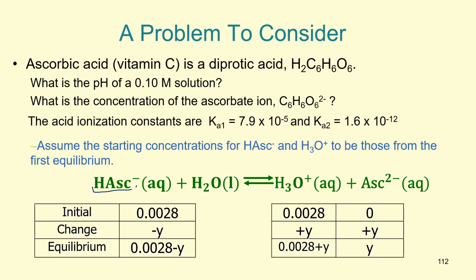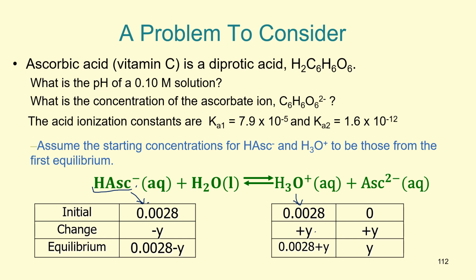And just to distinguish, we're going to call the amount that dissociates from that Y, just because we're going to keep it separate from X. Now, it's not only the hydrogen ascorbate that is 0.0028, but because of the first equilibrium we also have some H3O plus even before the second equilibrium takes place, and that's 0.0028, but we don't have any ascorbate.